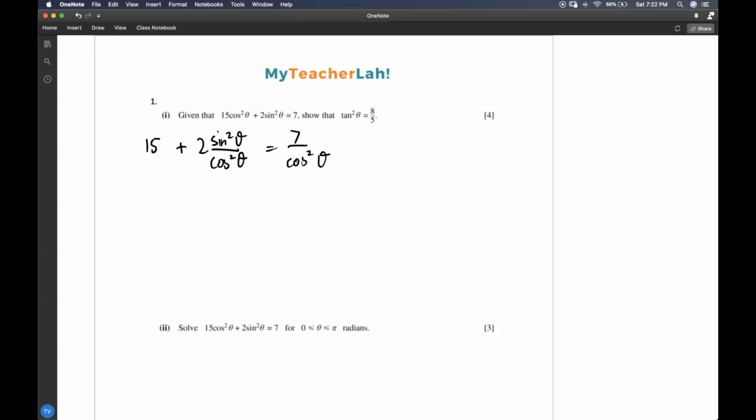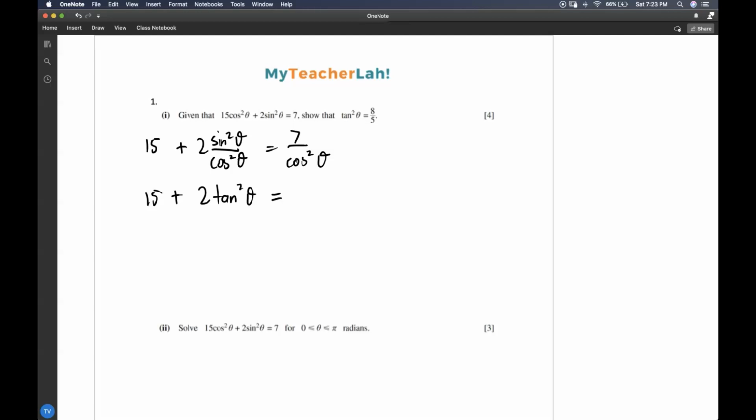The reason why I'm doing this is because I want to be able to eliminate one of the cos or sine functions. In this case, it is the cos function that gets eliminated. Notice that if I simplify this, I will end up getting a tangent squared theta. So we are almost there to get a tangent squared, but we have one other issue to solve.